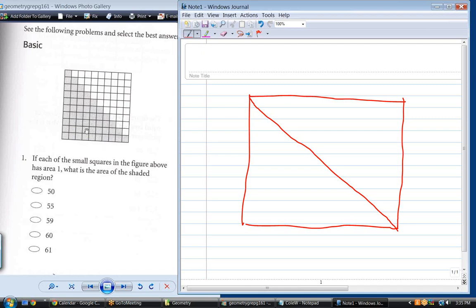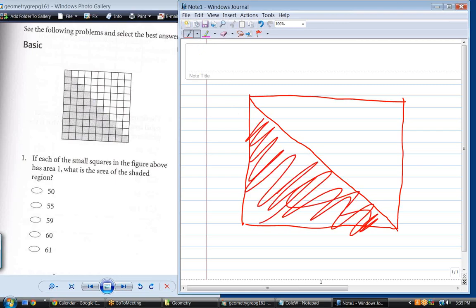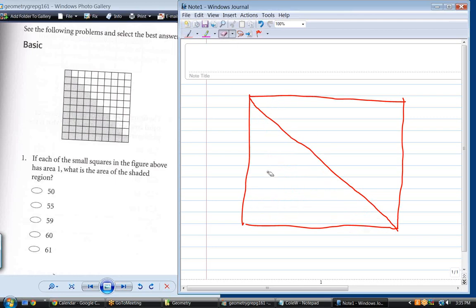Okay. So if I drew a diagonal from that point to that point and shaded everything in here gray, what would the area be? 50. Okay. What's the difference between me drawing this diagonal and the picture we're looking at? How much more is there in this picture?